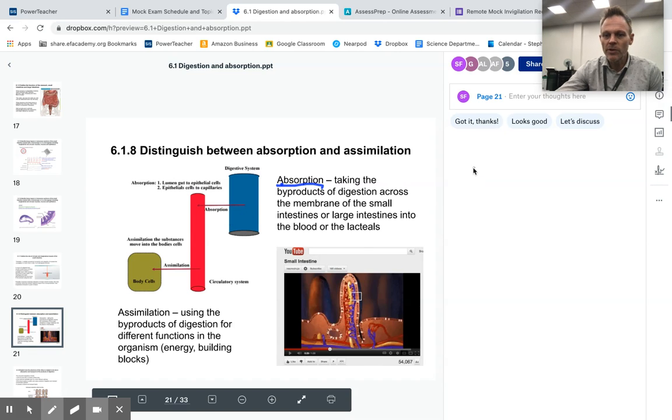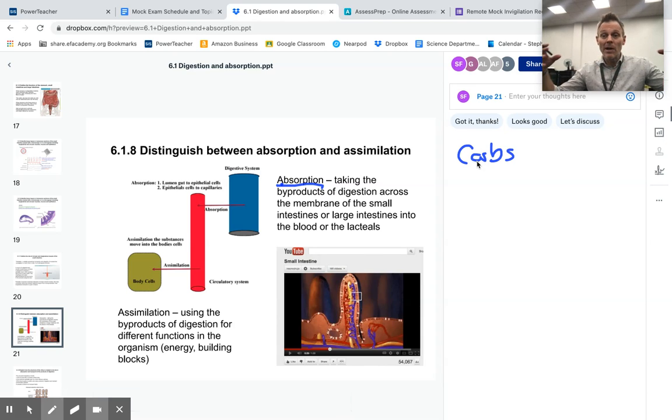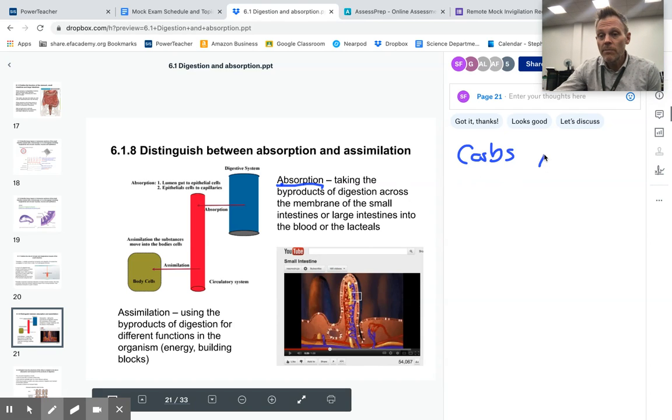If we think of carbs, a lot of the carbs we take in initially start off as a very long, complex molecule called starch. But in the end, the most simple thing we can have is a monosaccharide, such as glucose. So glucose is one of those things that ends up in your blood.